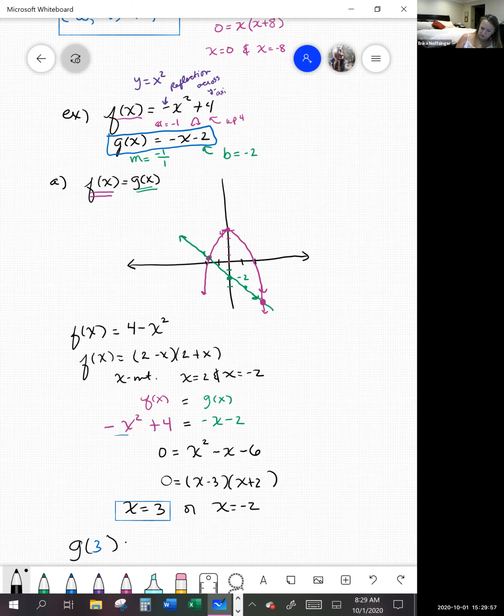This is equal to negative, I see an x there, replace it with 3, minus 2, or -5. So this point right here, we just found, was +3, -5.